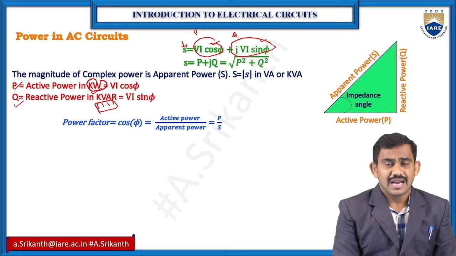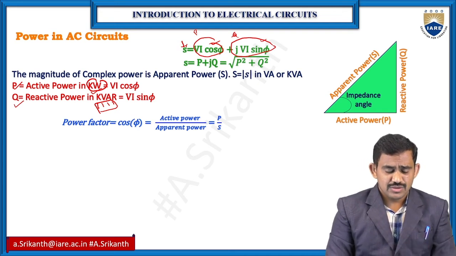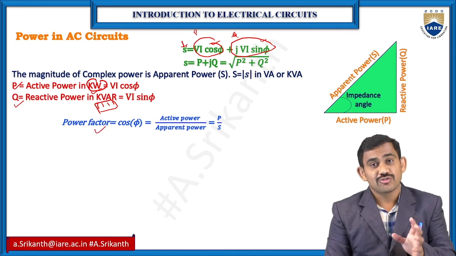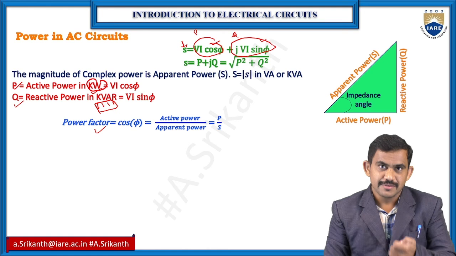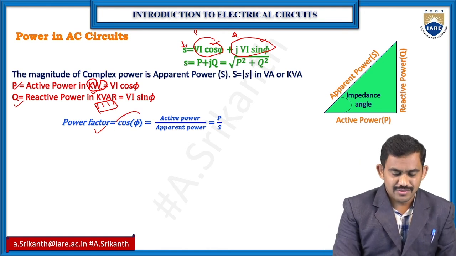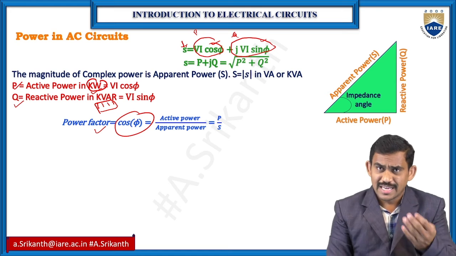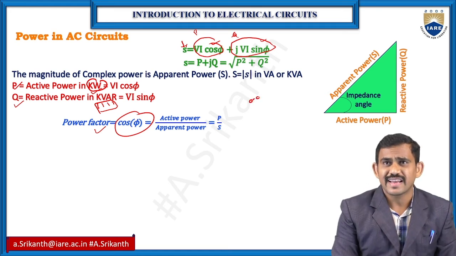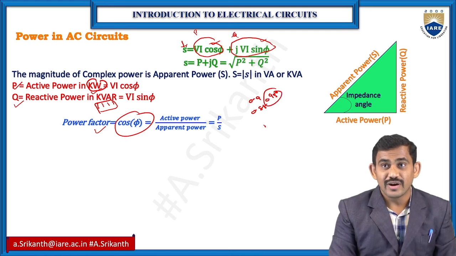We have one more small topic, that is power factor. For every electrical or electronic equipment, we have this power factor or cos phi value. You can observe it in your home on electrical equipment: they give values like 0.9, 0.85 or 0.95, not 1.